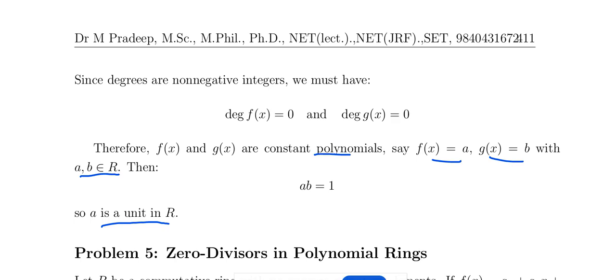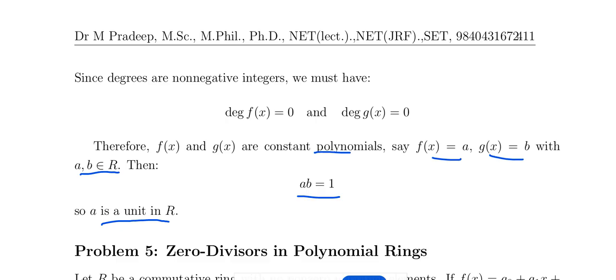With a, b belonging to R, that means ab should be equal to 1. Because a is a unit, a is a unit in R. That is the idea.